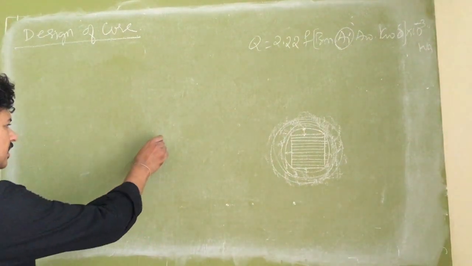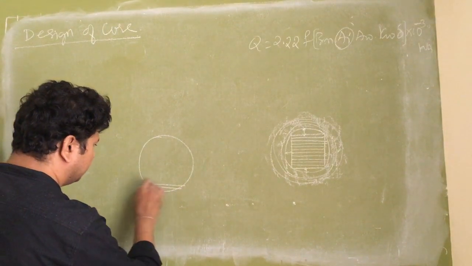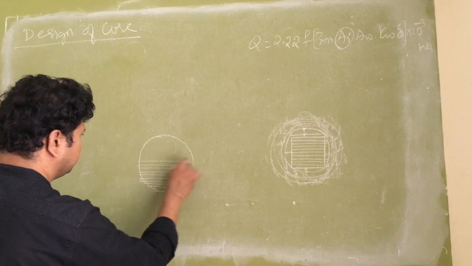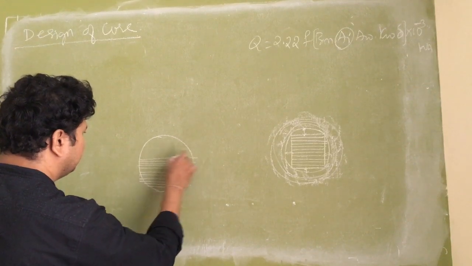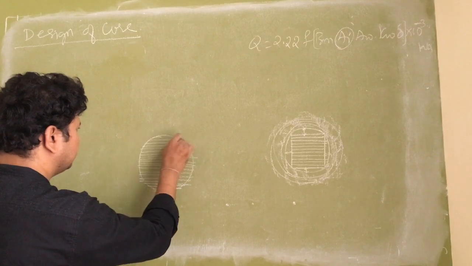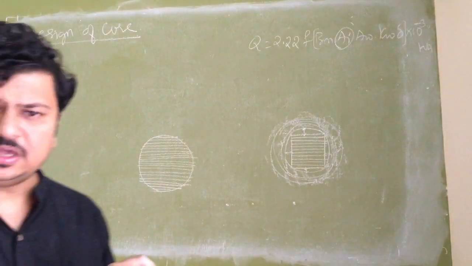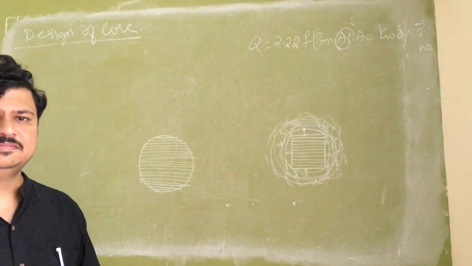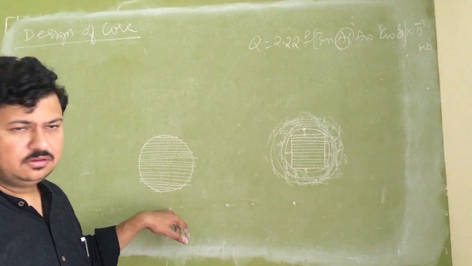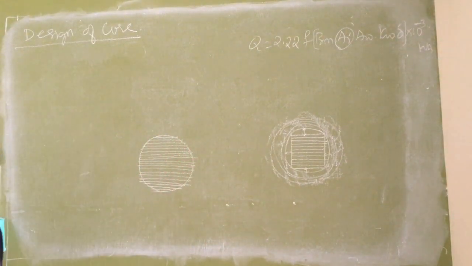If I take the circular section core, each lamination will form a chord of a circle. So to get the circular section core, I should fabricate laminations of various sizes, only for this particular transformer.